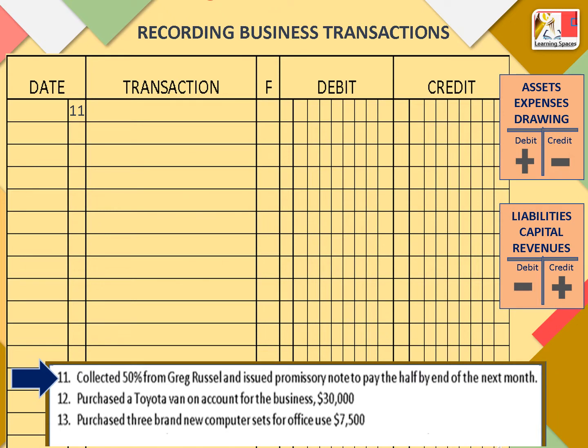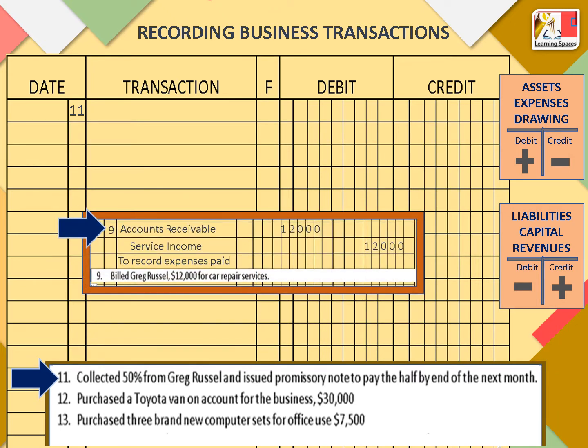The March 11 transaction is related to the March 9 transaction. The statement says it collected 50% of the $12,000 accounts receivable on that date. Therefore, as a result of partial collection, the cash account will increase by 50% of that amount, or $6,000 on the debit side. Further, the statement says that the remaining 50% is now being transferred to a promissory note.